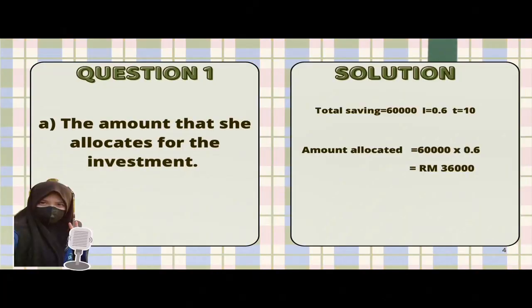From the information above, I will determine the amount that she will allocate for investment. The total savings she has is 60,000. It will be multiplied by 60%, which is 0.6. She will get 36,000 allocated.